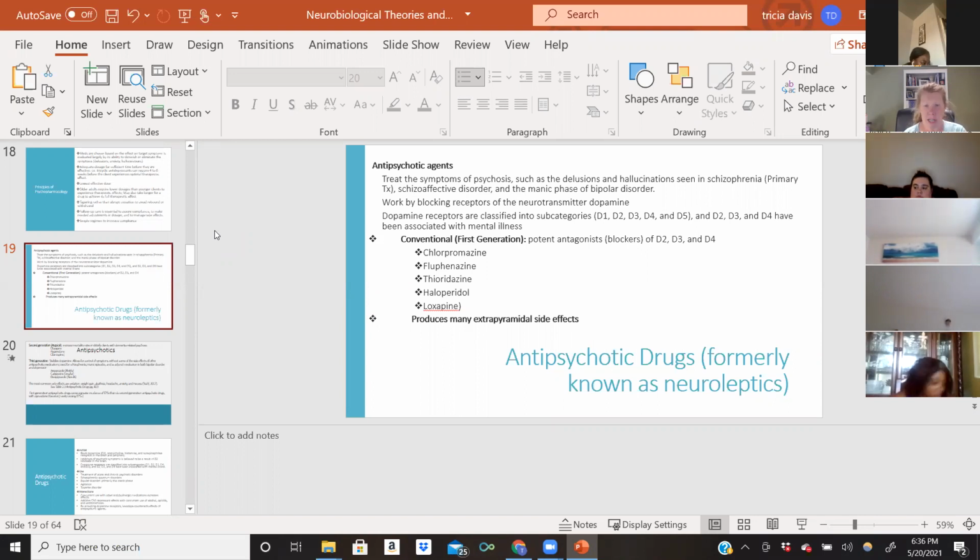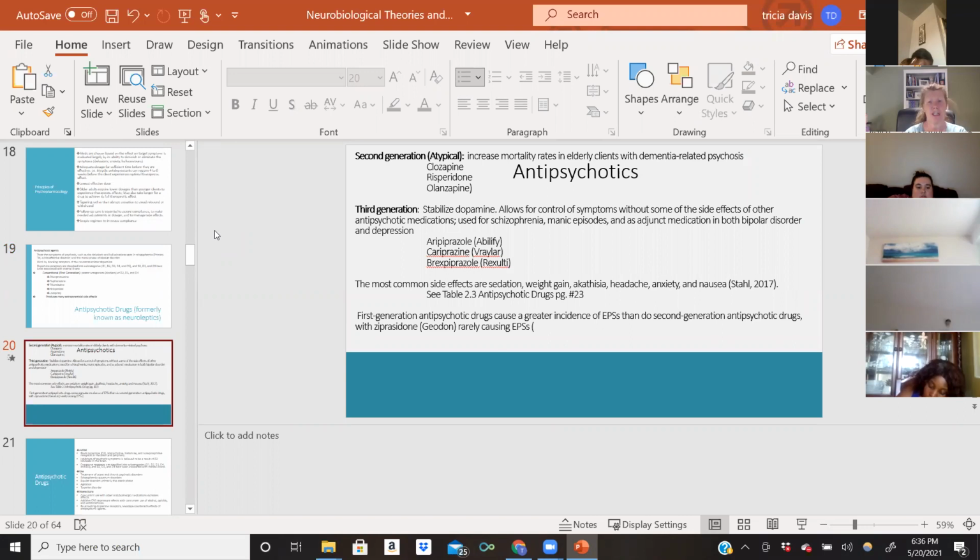These first generation conventional antipsychotics do produce many extrapyramidal side effects. I want you guys to remember that. It's very important. These medications produce extrapyramidal side effects. We're going to talk about those side effects a couple slides down. But this first generation is well known for causing all those side effects.